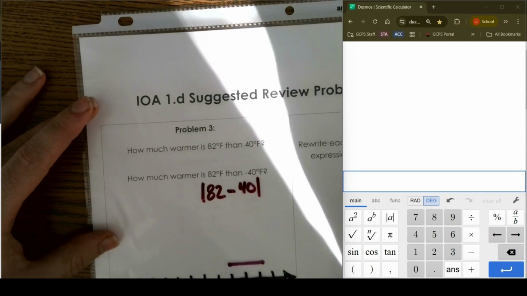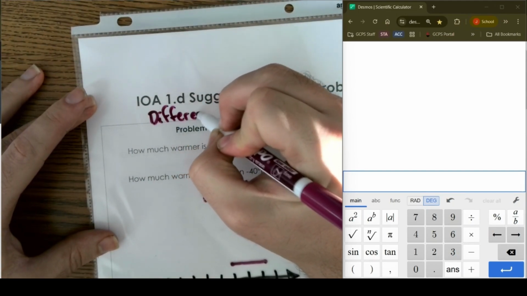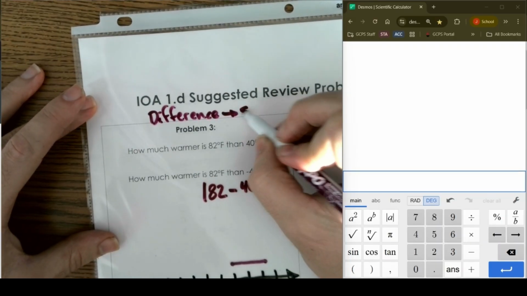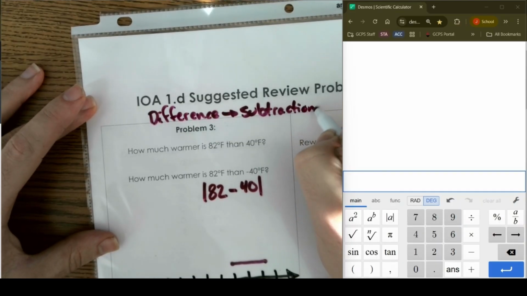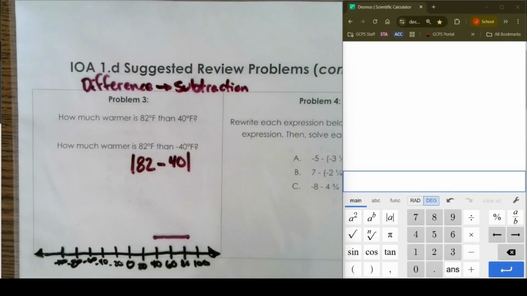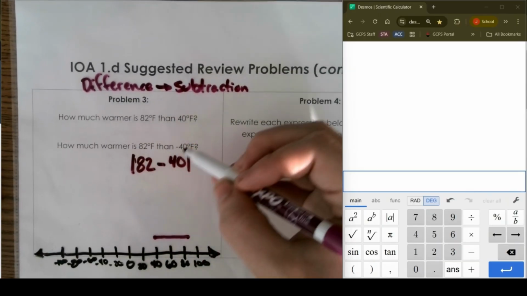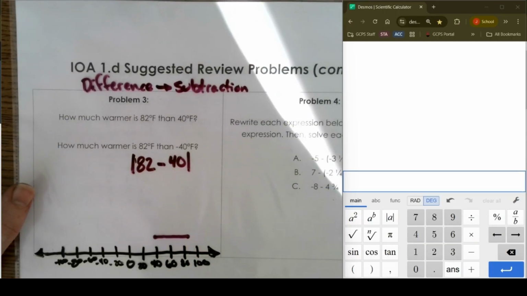Because remember that word difference, if you see the word difference in math class, typically that's going to indicate to you that we are doing subtraction. So we're going to find the absolute value, and I'm going to use these vertical bars here to indicate absolute value of 82 minus 40.